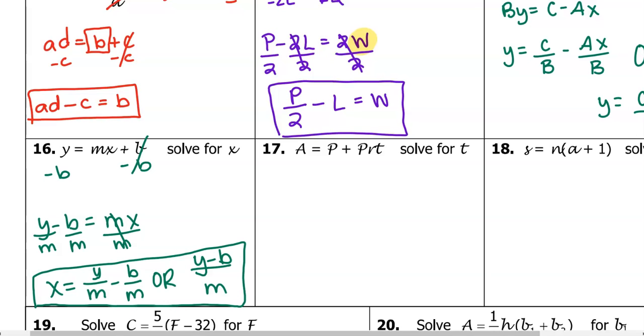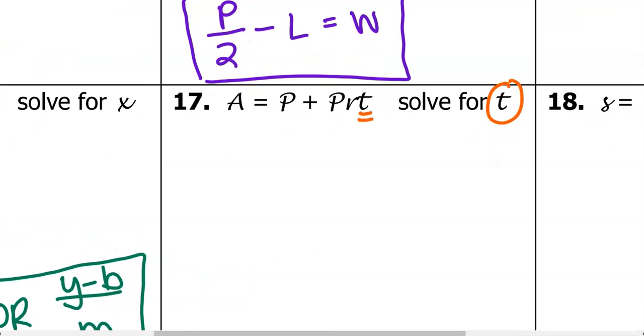All right. A equals P plus PRT. What variable does it want to get by itself? The t. All right, it wants the t by itself. I see the t over here. All right, game plan. What's attached to it? There's just a p and there's a pr. Good. How is just the p by itself attached?